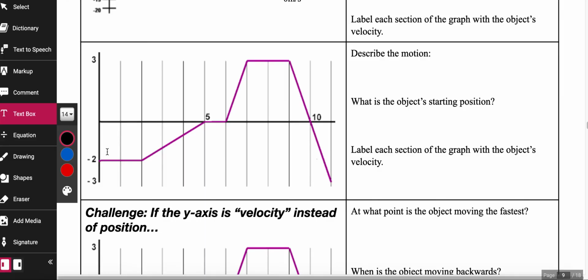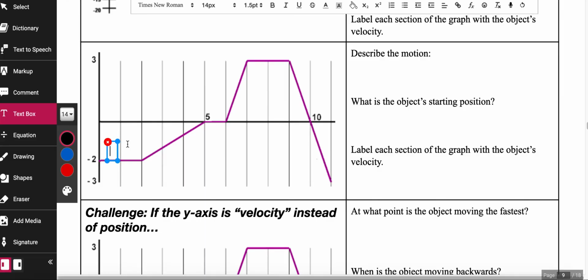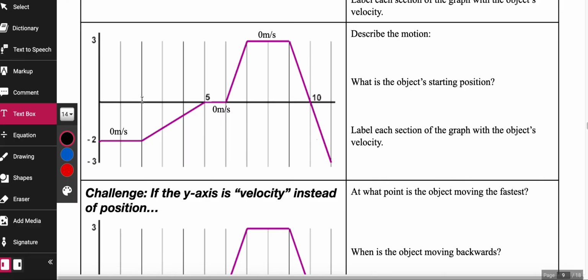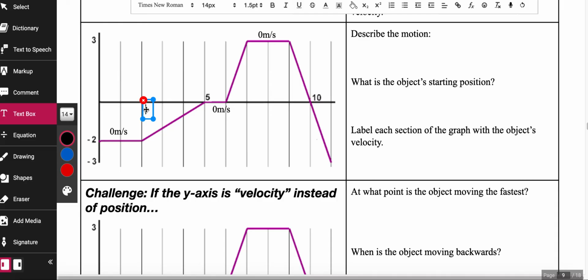Okay, so again, any flat line, we are always moving 0 meters per second. So those are easy to fill in. Then I actually have to do some calculations for all of these sloped lines. So for this first sloped line, I have a rise from negative 2 to 0.